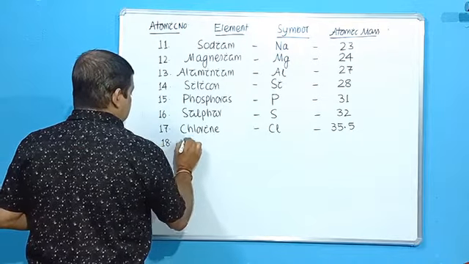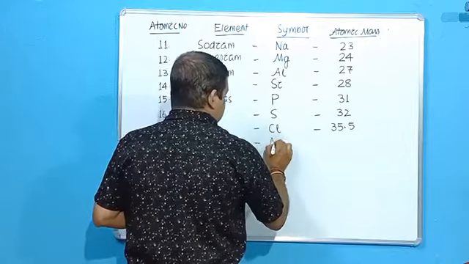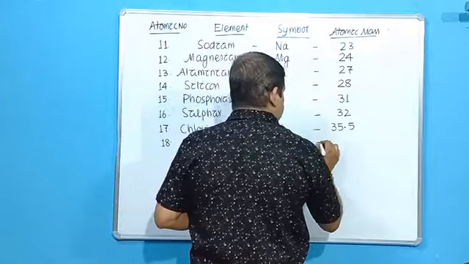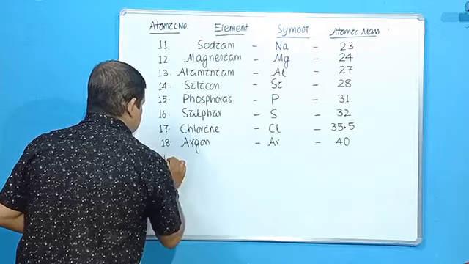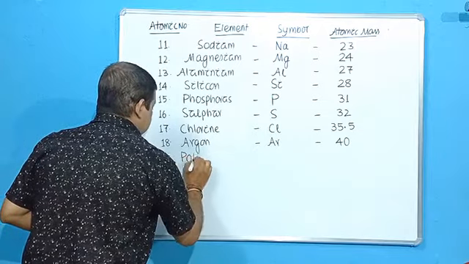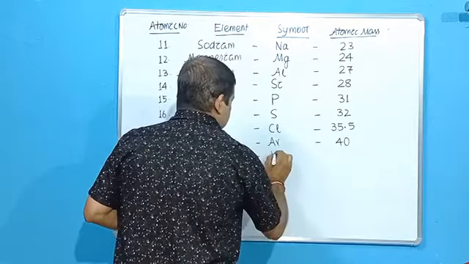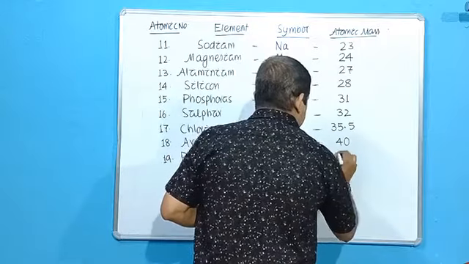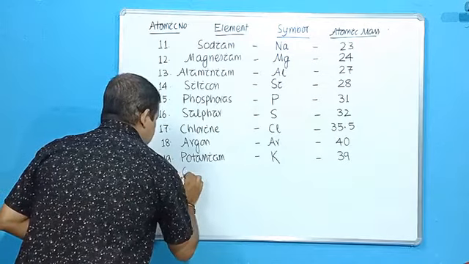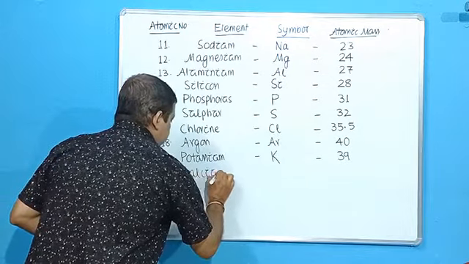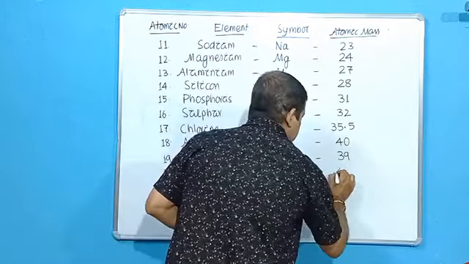And 18 is argon, another inert gas, Ar, mass is 40. Then 19 is potassium, symbol is K, mass is 39. Then 20 is calcium, symbol is Ca, mass is again 40.